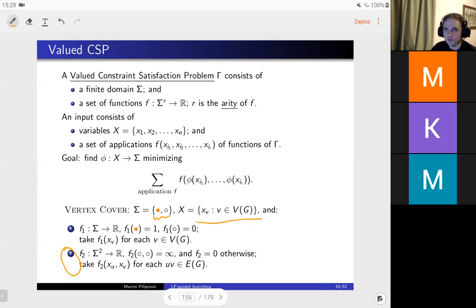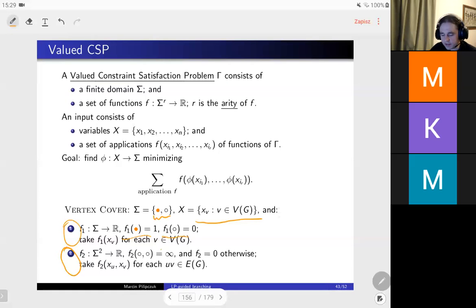So for every edge you introduce a constraint saying you pay 0 unless you take two empty vertices, and that means that you pay infinity. And you put a constraint on every single vertex saying, pay 0 if this guy is not taken, and pay 1 if this guy is taken.